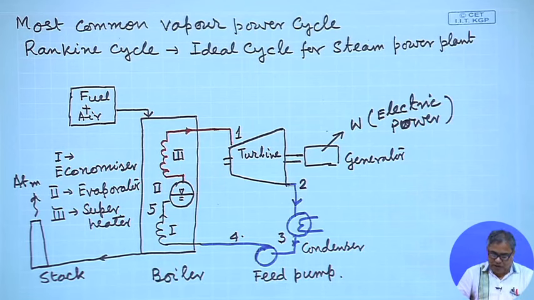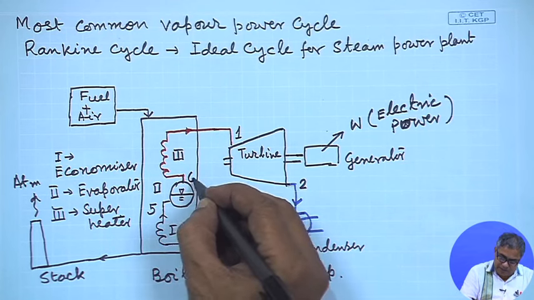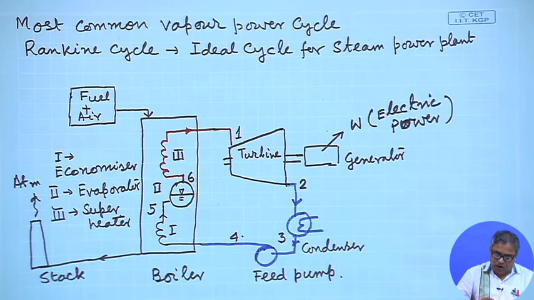5 is the state when liquid water is heated in the single phase condition, its temperature is increased and it reaches almost the saturation state. Then 6 is the condition of the working fluid when it is evaporated.